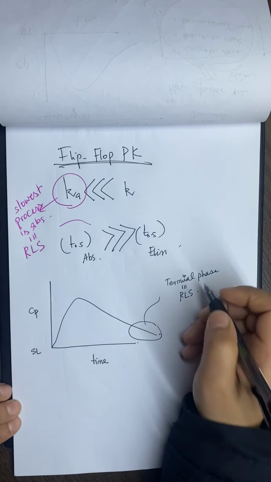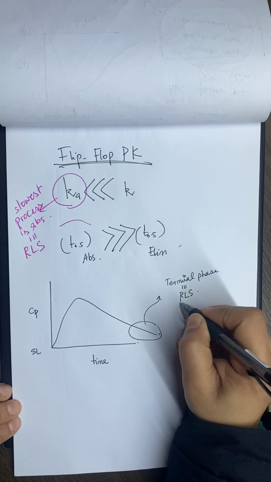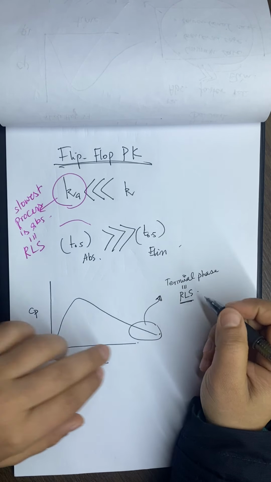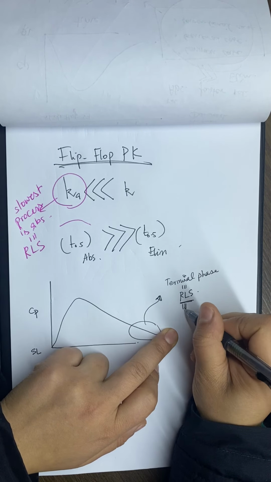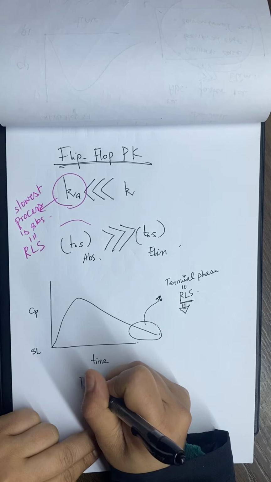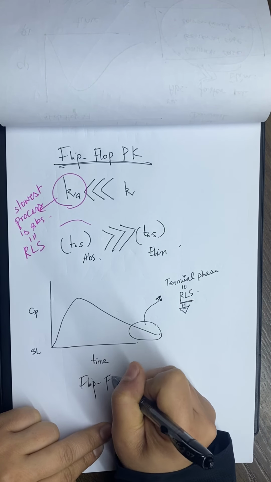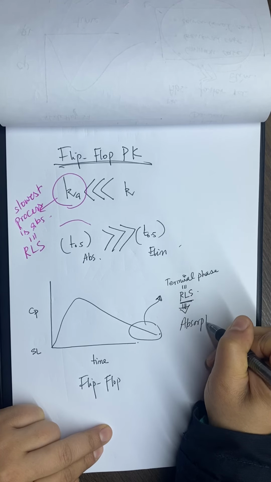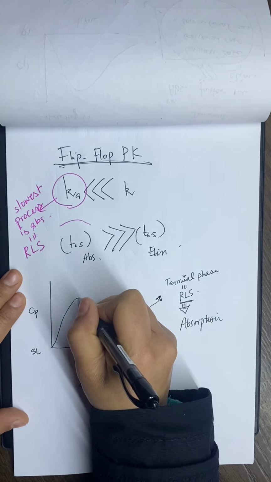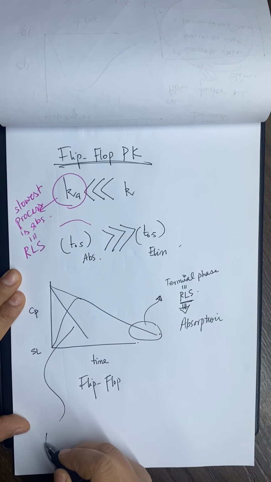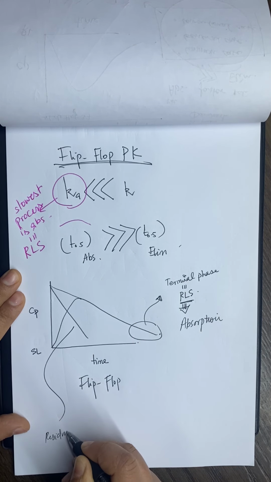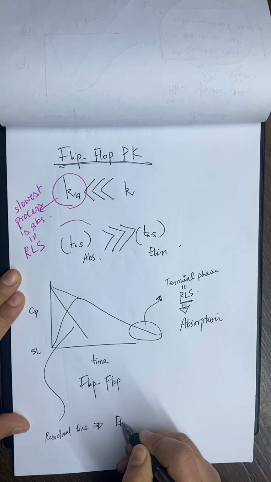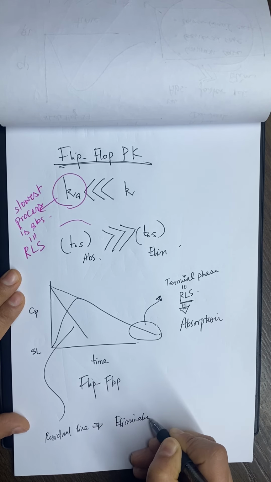So accordingly, the terminal phase, which usually represents the rate limiting step, in flip-flop should be related to absorption, and the residual line should be related to elimination because it's faster.